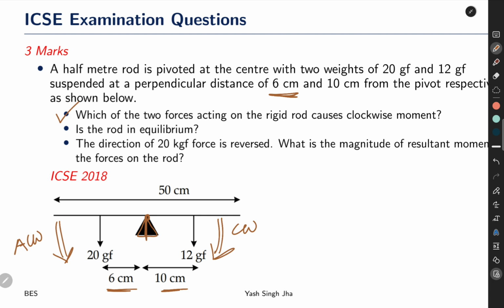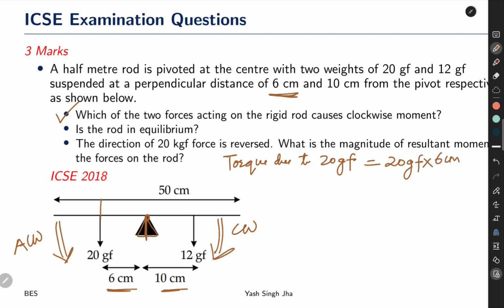Is the rod in equilibrium? For that we have to calculate each of the torques. So there are only two forces. Torque due to 20 gf force is force 20 gf into distance 6 centimeter.